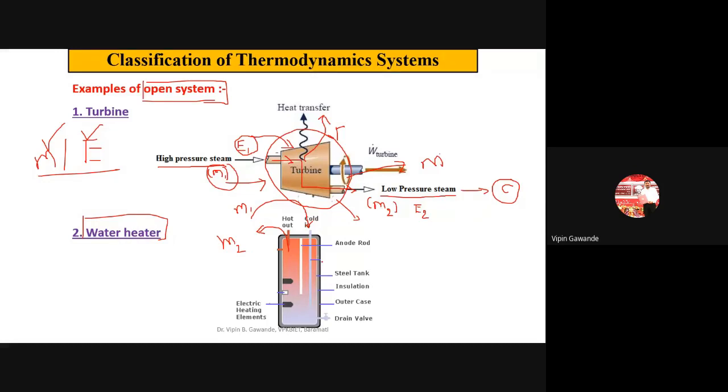And inside this heater we have electric coils, and because of that there is a transfer of heat, so a transfer of energy. Here there are two types of energy exchange, in the form of heat and work. So there is exchange of mass and exchange of energy. That's why it is called an open system. Whenever there is an exchange of mass and energy, we call that system an open system.